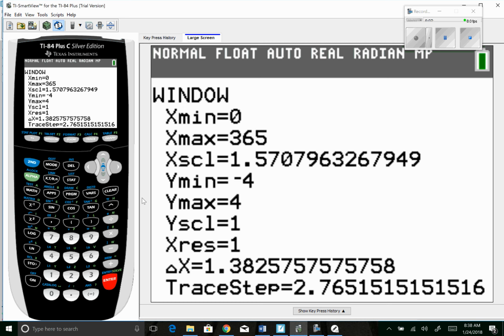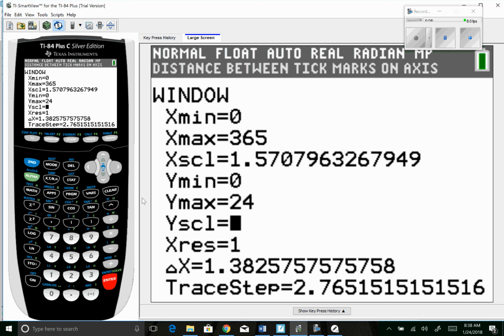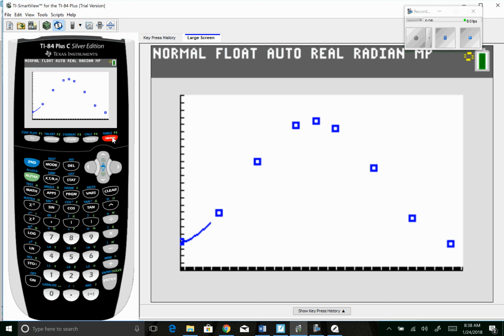So I could go from, say, 0 to 24, because there wouldn't be more than 24 hours of daylight in a day. And then we can go through and hit graph again. So what I should see is all my points. Those are all the square dots. And then my function is going pretty much through all of them, showing us that this was a good model for the data that they provided for me.